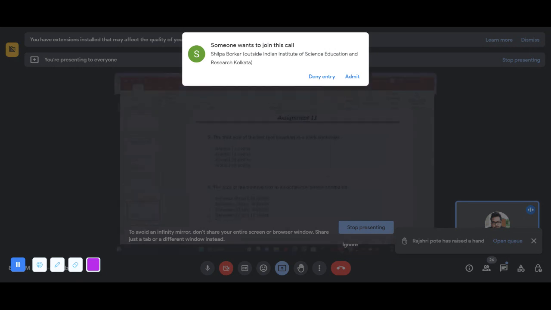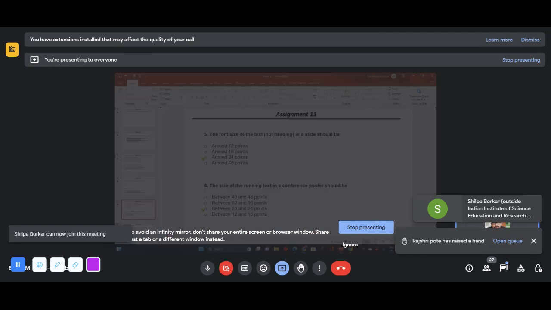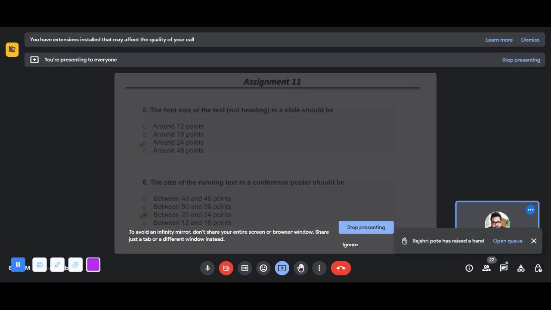Because it should be very enlarged, and once you're presenting in a poster, it should be very clearly visible. So that's why these are the rules. It should be large and clearly visible, 20 to 24. You can just go through the text and find it from there.